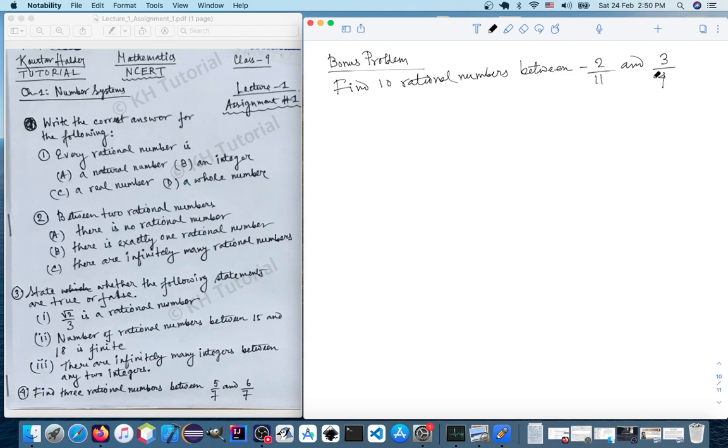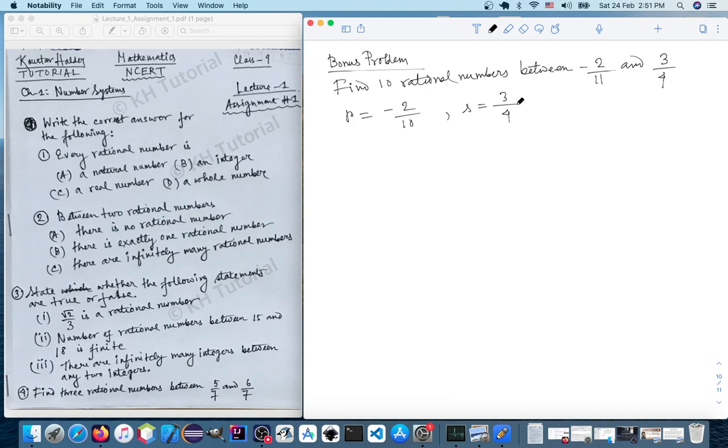Obviously, we are given R as minus 2 by 11 and S as 3 by 4. Obviously, R is less than S. R is a negative rational number, and S is a positive rational number.